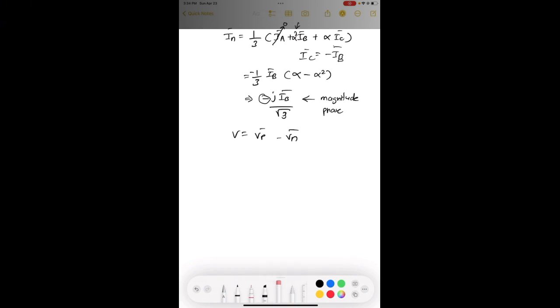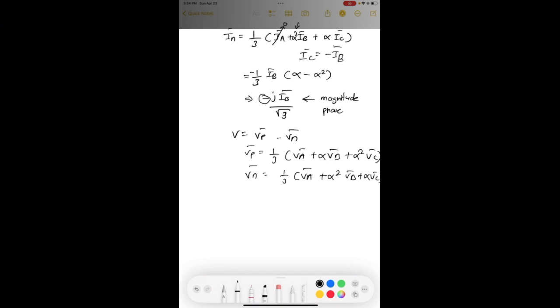We've already learned this in the single phasing topic, where VB bar is given by 1/3 VA bar plus alpha VB bar plus alpha square VC bar, and Vn bar is given by 1/3 VA bar plus alpha square VB bar plus alpha VC bar.